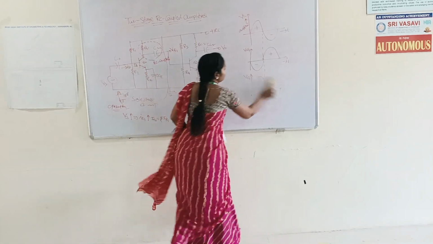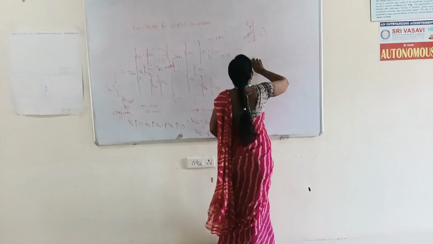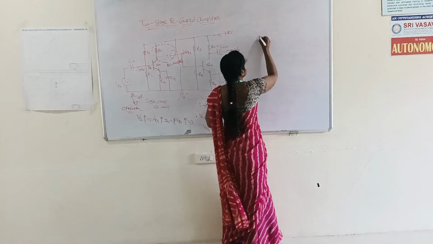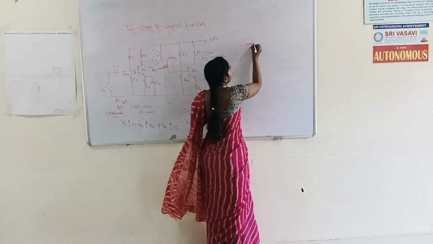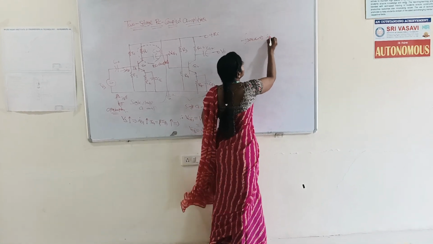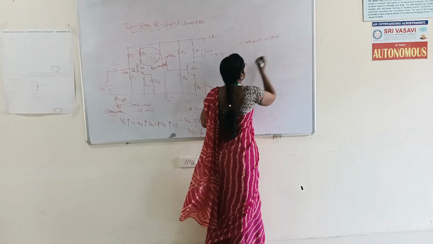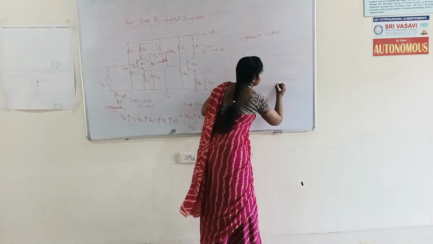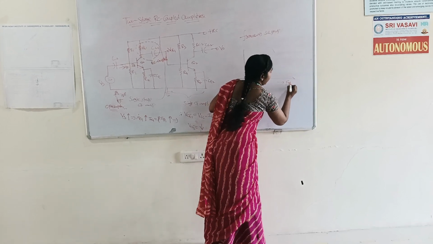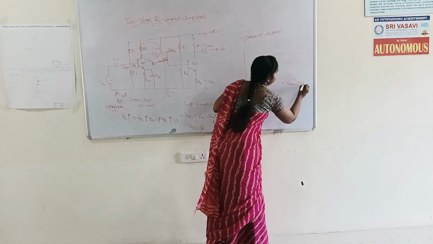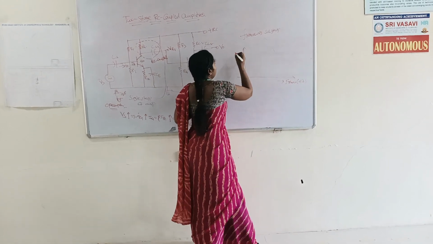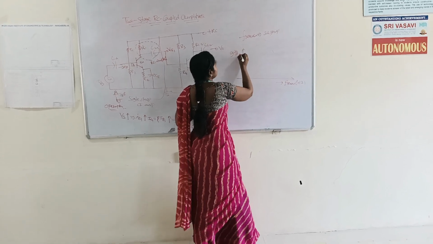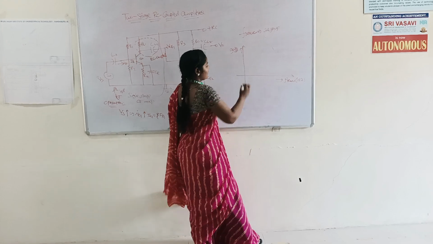Frequency response of two-stage RC coupled amplifier. Frequency response means we are taking the frequency on the x-axis, that is in hertz, and taking the gain on the y-axis, that is in decibels.